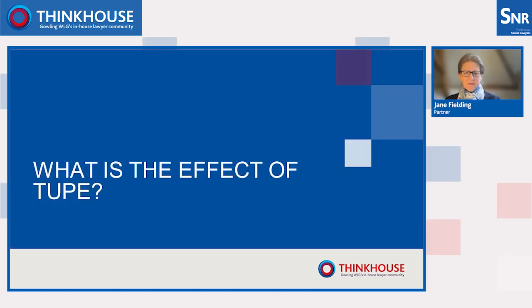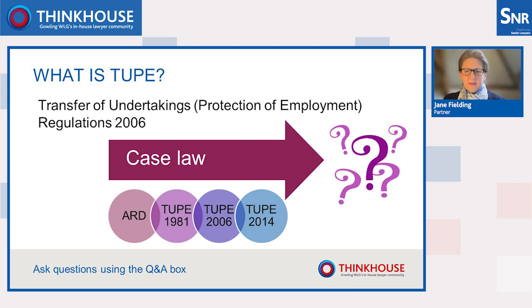So first of all, what is TUPE? Well, if you remember nothing else about this talk, apart from the technical lapse, which hopefully you'll have forgotten by the end: the Transfer of Undertakings (Protection of Employment) Regulations. Remember the bit in brackets, because if you're faced with a TUPE situation and you're not quite sure how things will play out, remember it's about protecting employees.